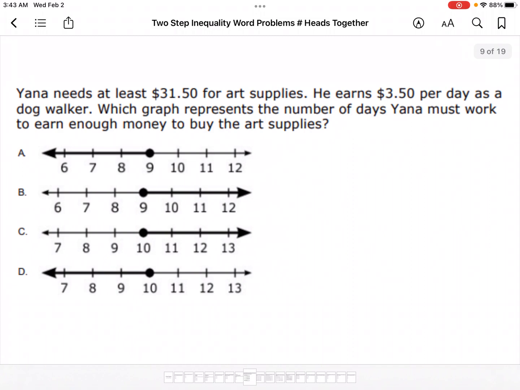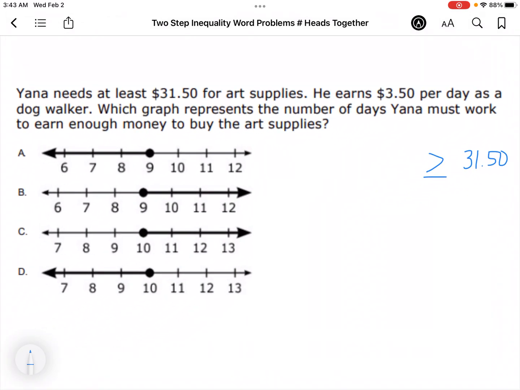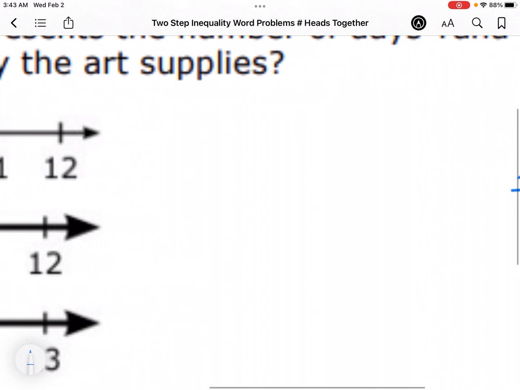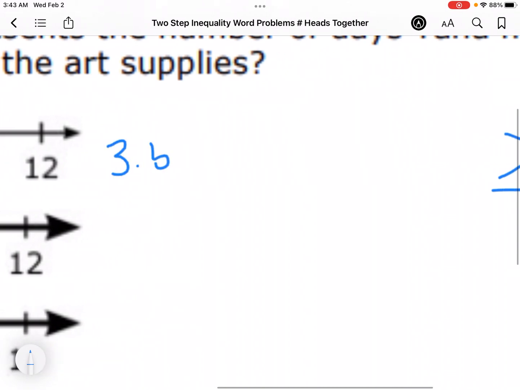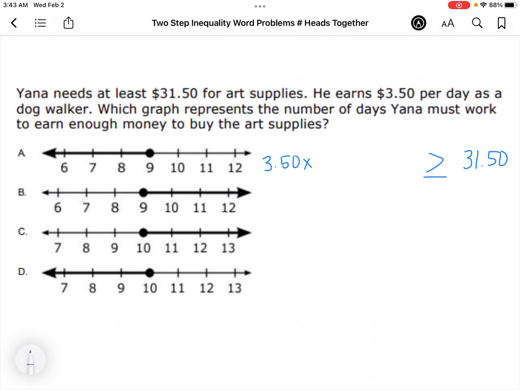Yana needs at least $31.50 for art supplies. So she can have more than that, but she wants at least $31.50. It says she earns $3.50 per day as a dog walker. That per day tells me that's where the variable is going. Which graph represents the number of days she has to work?